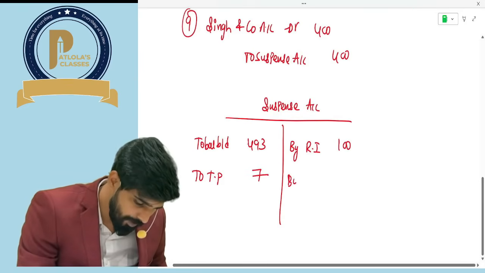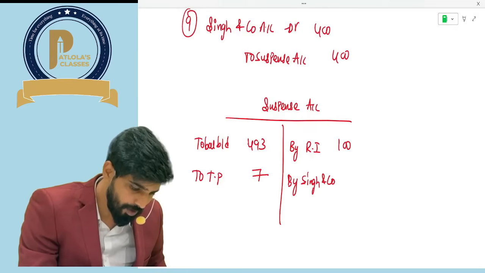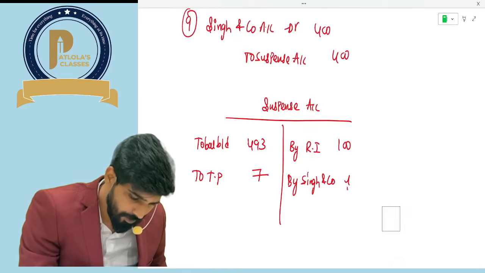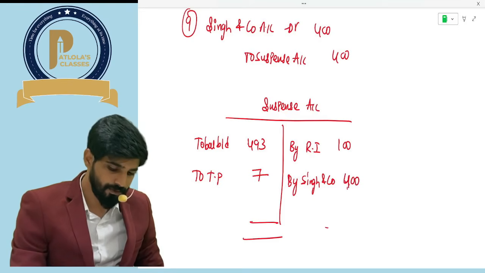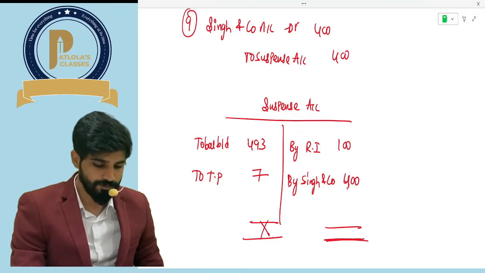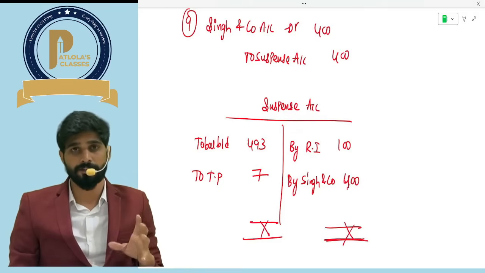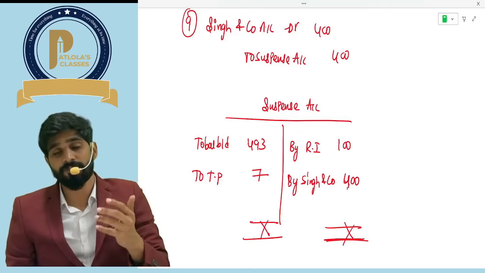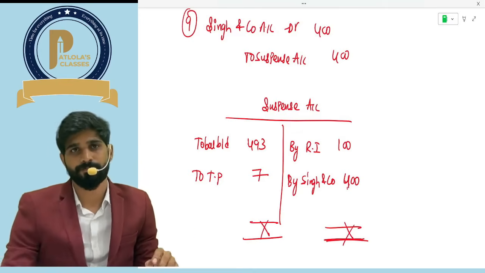In suspense, by Singh and Co. How much is it? 400. Now if you try to close suspense account, it got closed. That means we have successfully rectified all the errors which are done after trial balance, and the suspense account is closed.